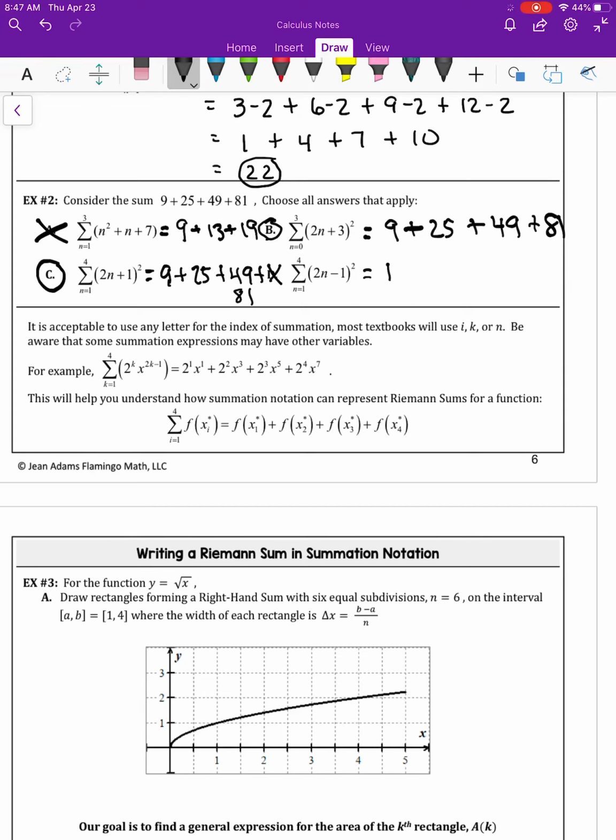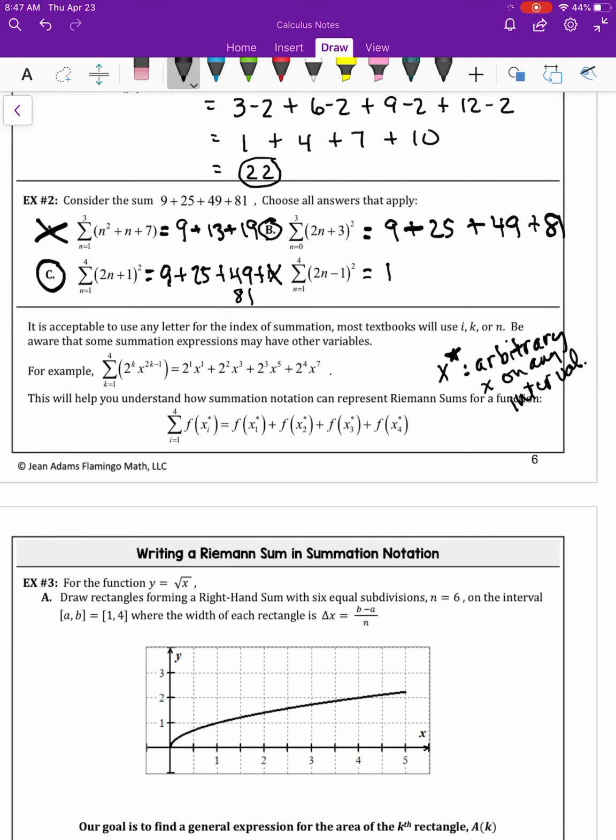This will help you understand how summation notation can represent Riemann sums for a function. So for summation I equals 1 to 4, f of x star sub I, gosh, that's a mouthful.